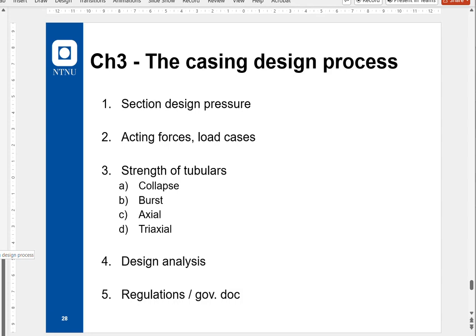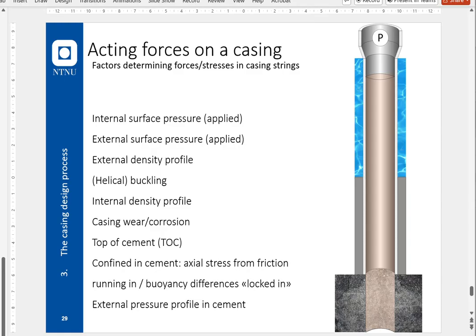All right. We will do the design analysis, and we will do a peek into regulations, typically how governing documentation would look like. Generic ones, they would pertain to any operator, to be honest. Here is a list of the acting forces. We will not go through much into these right now. We will rather take a deeper dive into it next lecture.